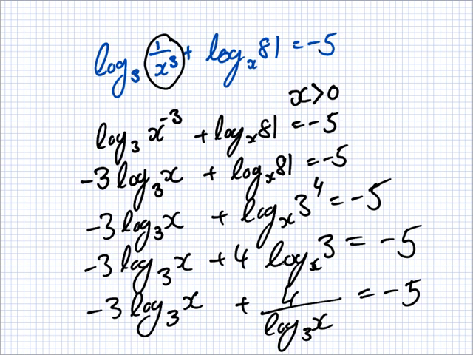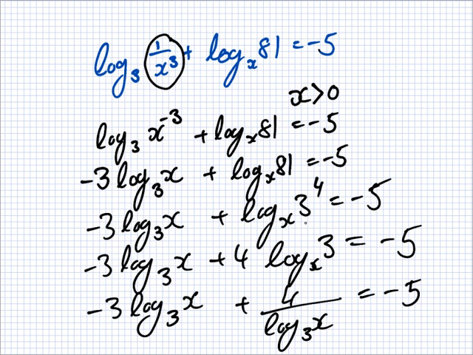It's not, I'm afraid. That's saying 4 times log 3x raised to the power minus 1. Unfortunately, when you have a minus 1 like this, that minus 1 doesn't come down. It only comes down if it's on the x, not on the whole thing. Okay, what should I do next here?